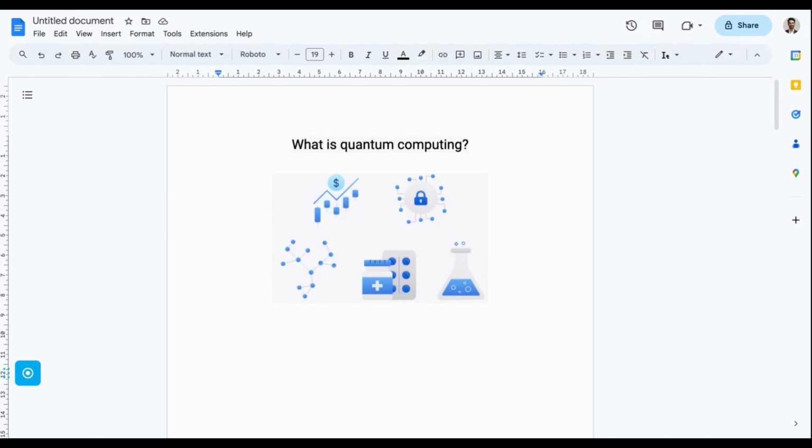Actually, not real physical matter, but atoms and molecules, which are much smaller. Sometimes we think it is just for research science, but no. Simulating molecules could lead us to faster drug development and new materials.